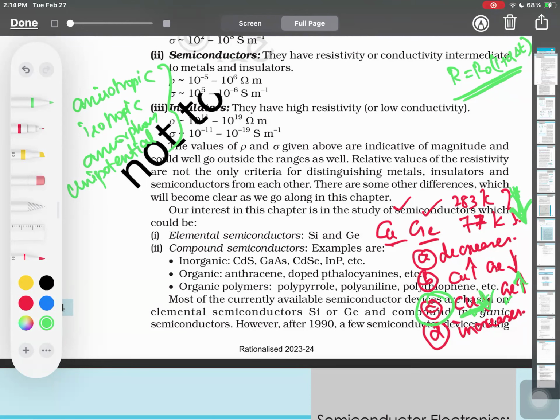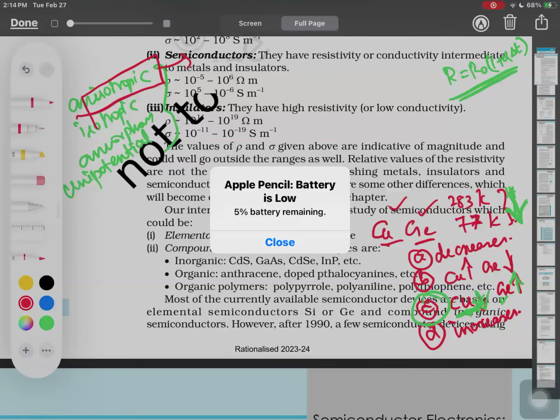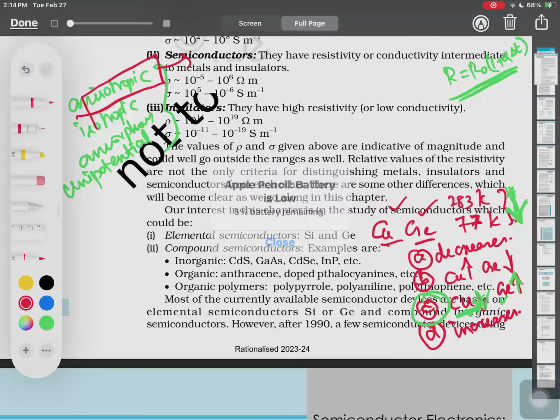Crystalline solids are anisotropic solids. They show different physical properties in different directions. That is anisotropic. Is it clear for you? So all crystalline solids are anisotropic.